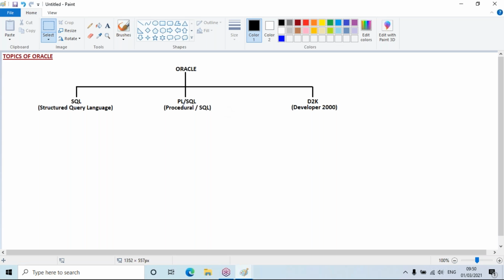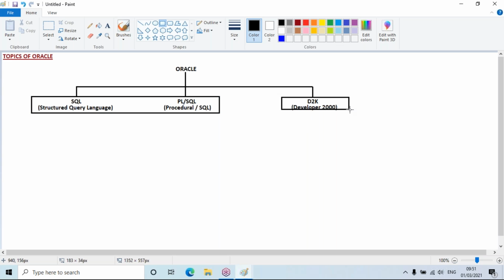Now, again, one interesting thing is, especially for procedural SQL, among these, SQL and PL SQL are categorized together, and D2K is categorized as one separate subject.